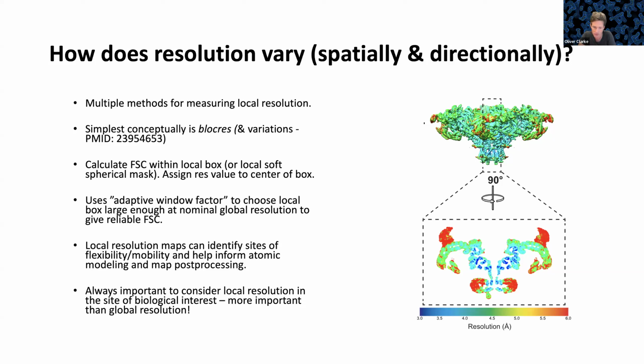What you want to say is that the resolution at the site of ligand binding, locally within a mask around that domain, is whatever it is. In this case, like 6 angstroms or something. And that might well be enough to answer the question that you're asking.